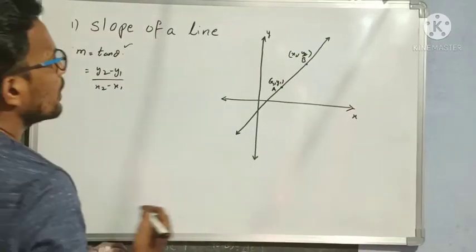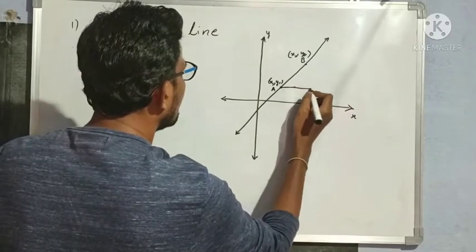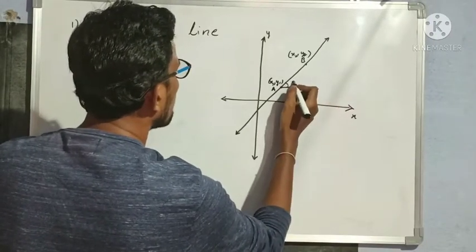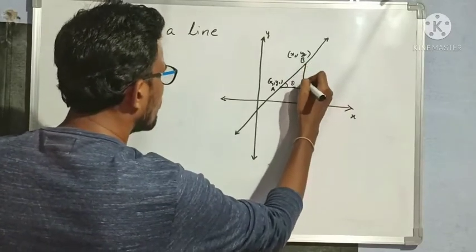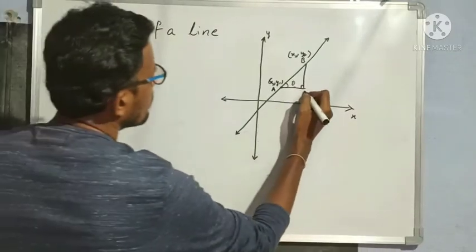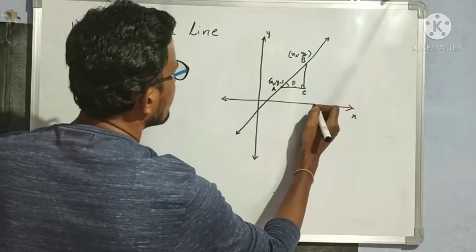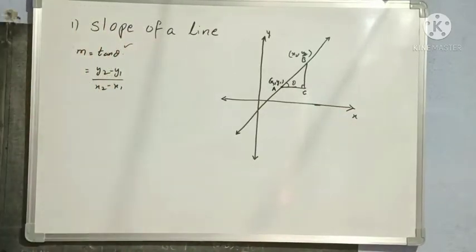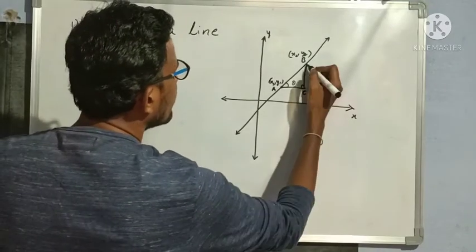Now I will take an inclined angle theta from this point A. If I join this here, this forms a right angle triangle. Am I correct? And if I take this point of intersection as C, then triangle ABC is a right angle triangle. Correct? Yes.